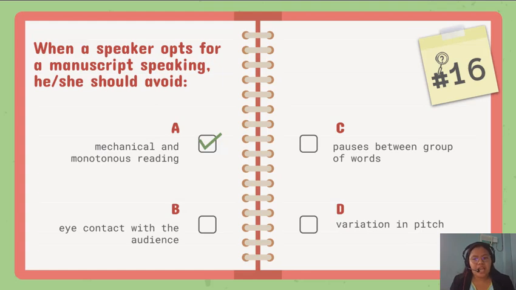The correct answer is A because manuscript speeches already have a reputation of being boring and monotonous, simply because the speakers are known and seen to be reading the content, unlike extemporaneous, memorized, or impromptu, which shows the memory prowess of the speaker. Thus, during a manuscript speech, the speaker must show and make the audience feel that he or she is not simply reading through the text, but conveying its message, emotions, and purpose effectively.